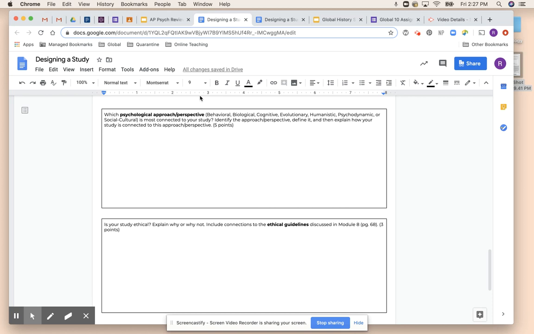So what you're going to be doing is identifying which of these approaches would be most connected. For example, I didn't answer this on mine, but going back to my study about human beliefs about the way they present themselves, I would probably say this goes into either the behavioral or the sociocultural, because I'm looking at both behaviors and where they come from.